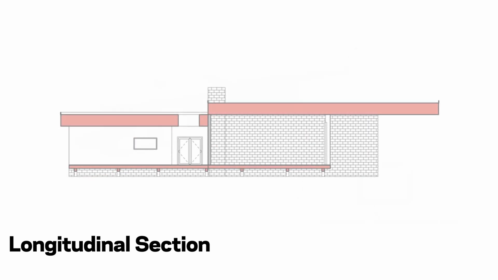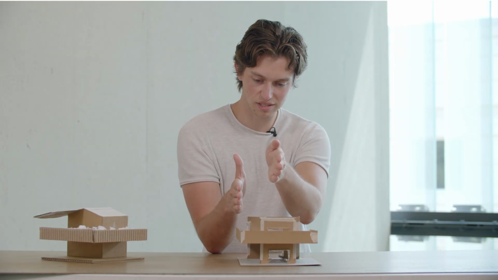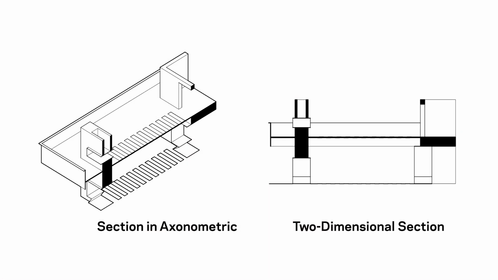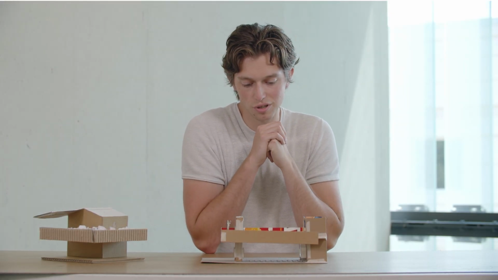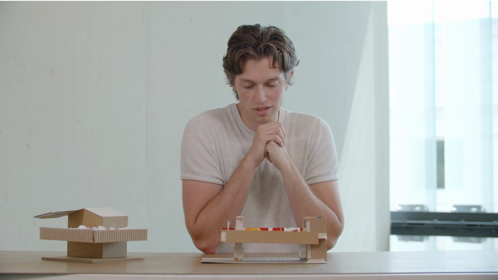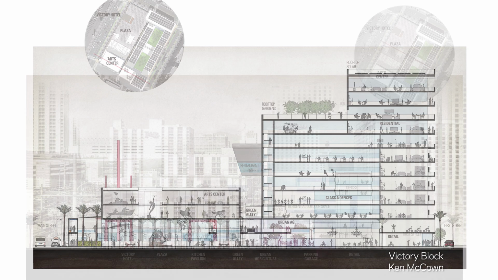What a section would be then is if this were cut in half, you would take one part away, and then what you'd be left with is basically a slice of your building. So then the section is taking that one slice, and then we look at that slice head on. So then what we have is a 2D drawing, which is just a representation of the walls and spaces that you're cutting through from the side.